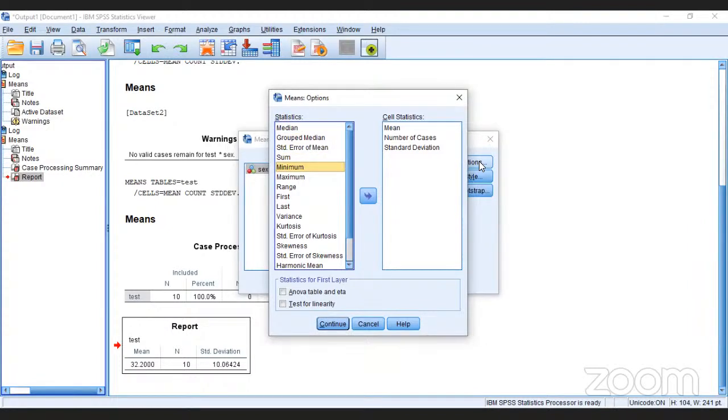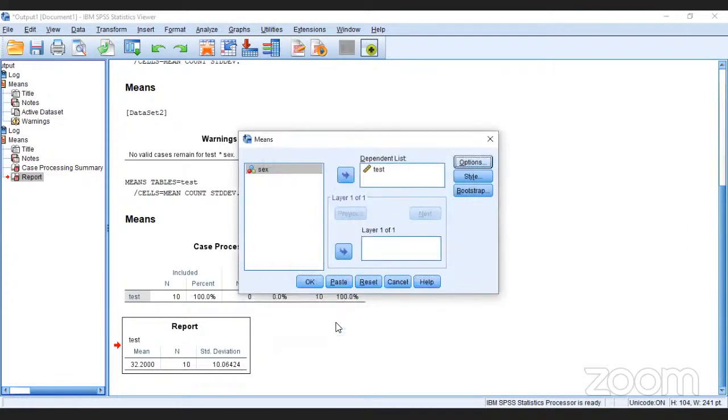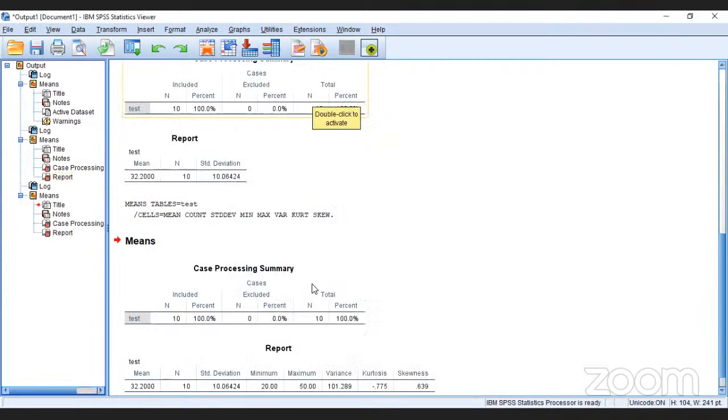So minimum, maximum, variance, kurtosis, skewness, many things are there. So you can test it. So I am writing okay.